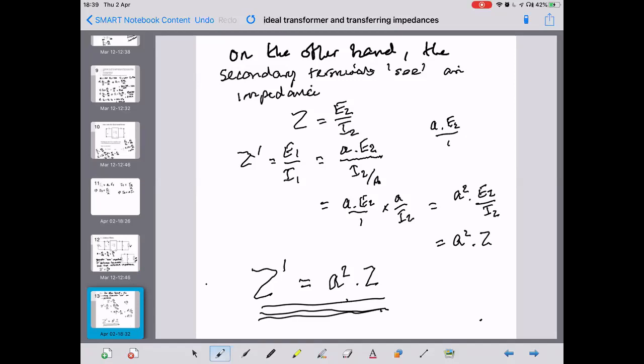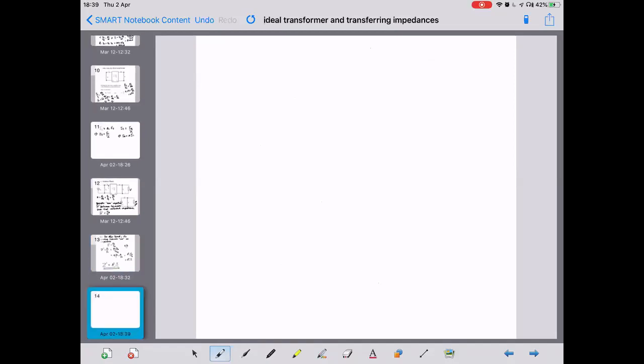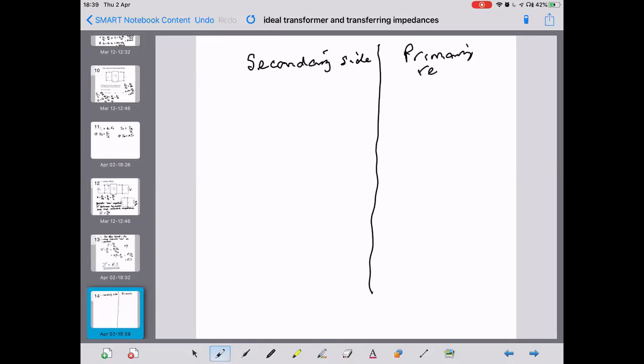So from that, we can sum that up a little bit further. I'll do it on another page. We've got the secondary side on one side, and primary reflected on the other.